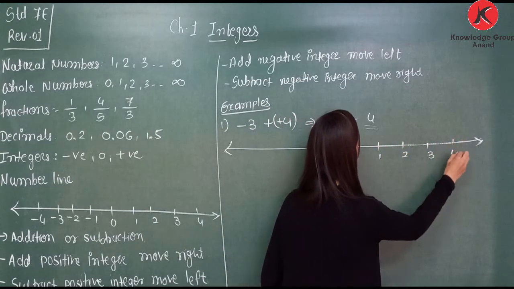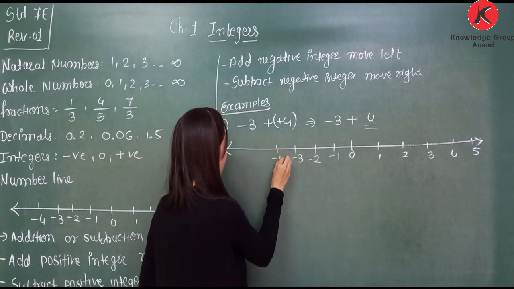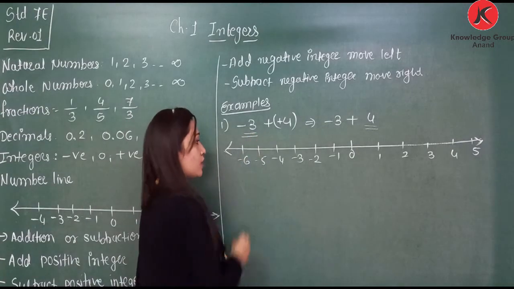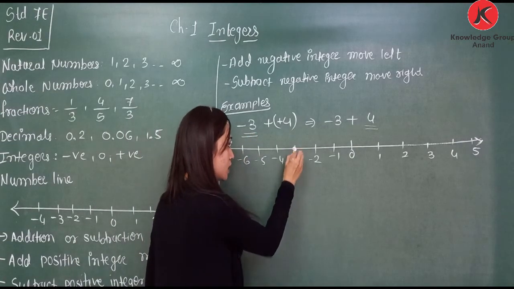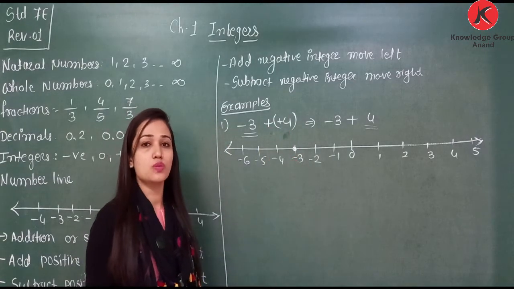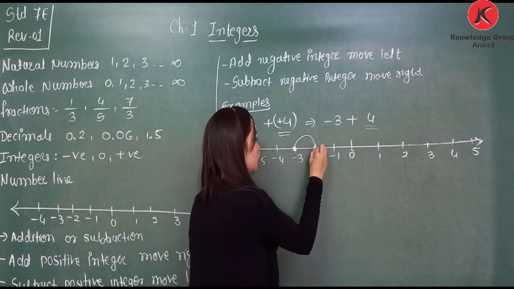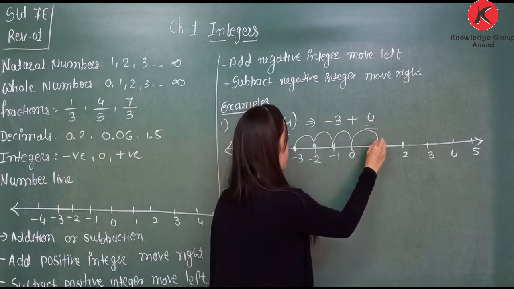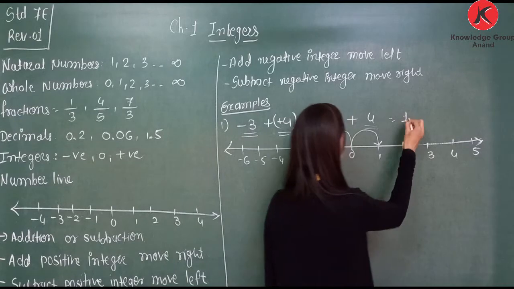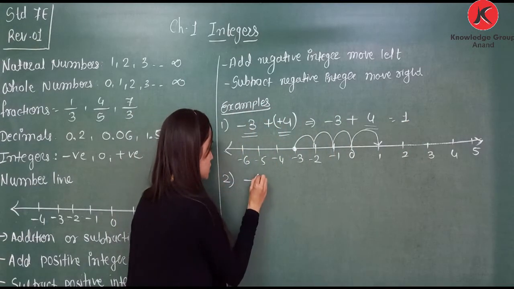Positive integers on the right side, negative integers on the left side. First locate -3. Adding 4 means 4 steps on the right side, because we are adding a positive integer. So move 4 steps right: 1, 2, 3 and 4. Where do we reach? We reach 1. So the answer is 1. Clear?